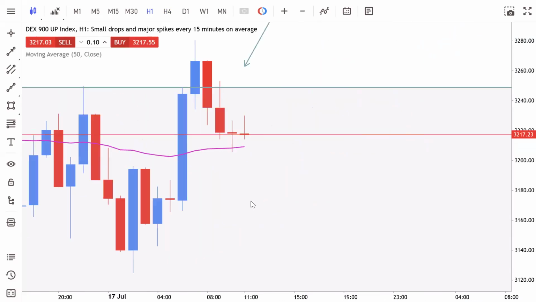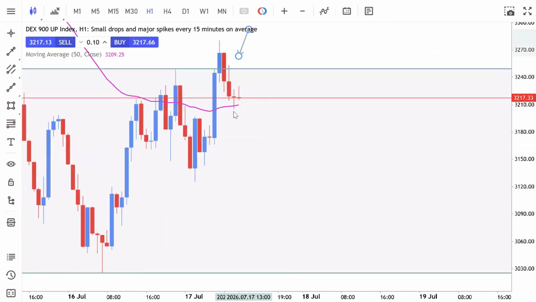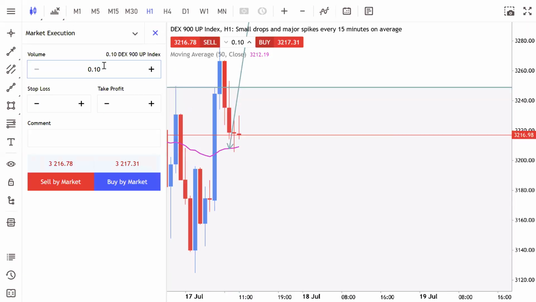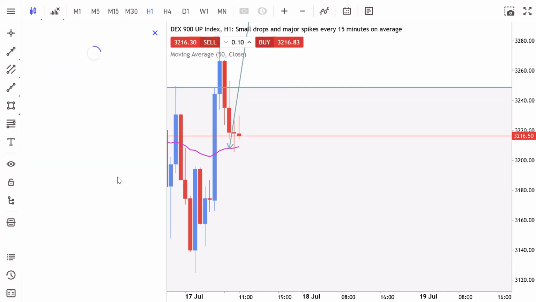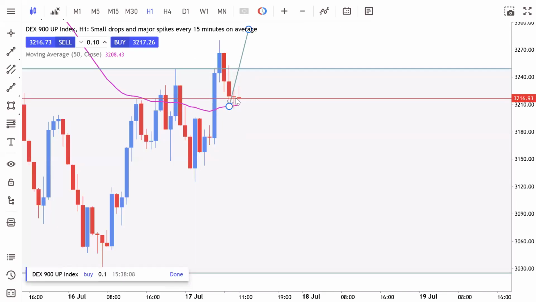So this is a market which is now ready for entry at this zone, okay? We buy at this zone where we have our 50 EMA, and use the smallest lot size, because the indices move so fast. Like this one, the smallest lot size is 0.10, you buy, okay? So our entry is right here.